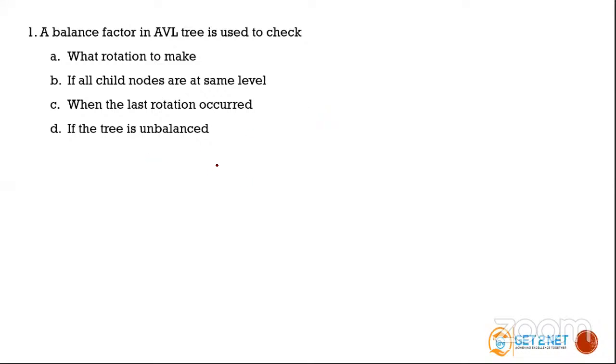Fine. So, Shwetalina, just check your answer. When the last rotation occurred is not the answer. What we do to check the balance factor in AVL? If the tree is unbalanced or not, that's the right answer. We are checking the balance factor to see whether a tree is unbalanced or not.